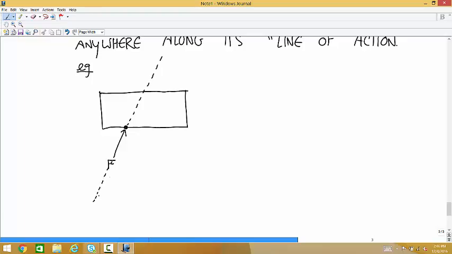It doesn't even matter if it's actually physically on the body. Mathematically, it works the same as where the force is really applied. So this is the line of action. It's parallel to the force, and it goes through the point where the force is physically applied.